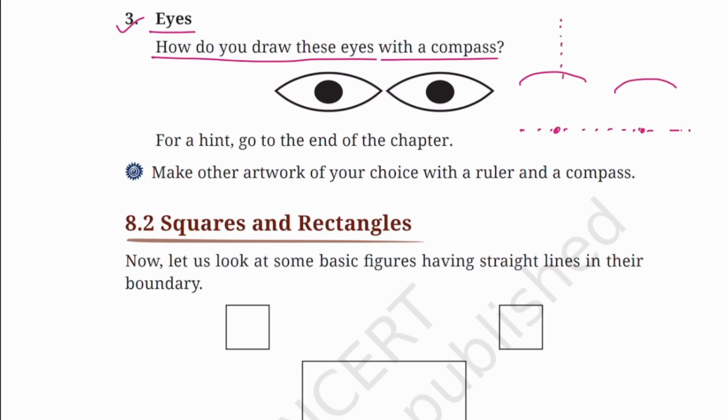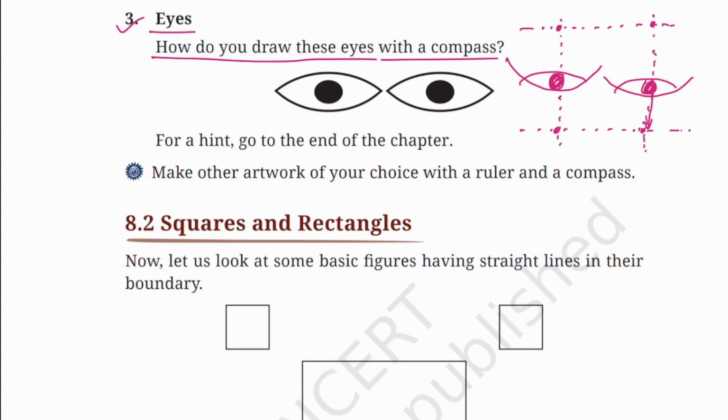Similarly, draw a perpendicular like this on these 2 points and take this distance as the radius and draw 2 curves like this from 2 points lying in a straight line, and then you can draw a circle in the center and paint it.